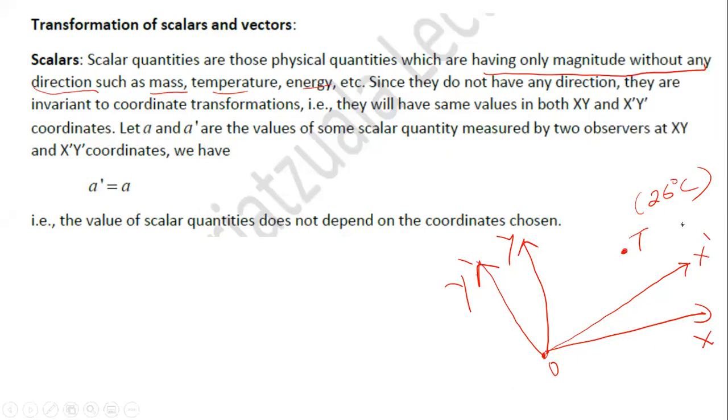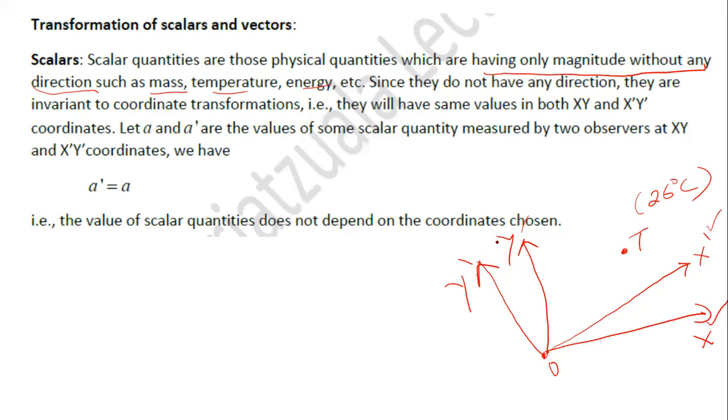If you are in your xy coordinate or in the primed coordinate, even if you measure from another coordinate, the temperature at this same location will still be 26 degrees Celsius. So it is irrelevant whether you measure it from the primed coordinate, x prime y prime, or the unprimed coordinate, xy. Similarly, the mass of any object also is a scalar quantity.